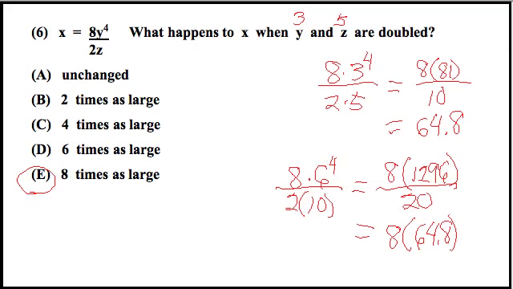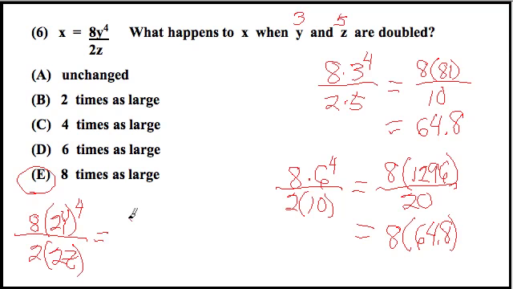What would be the algebraic solution? Well, we'd have 8 times 2y to the 4th over 2 times 2 with z doubled.